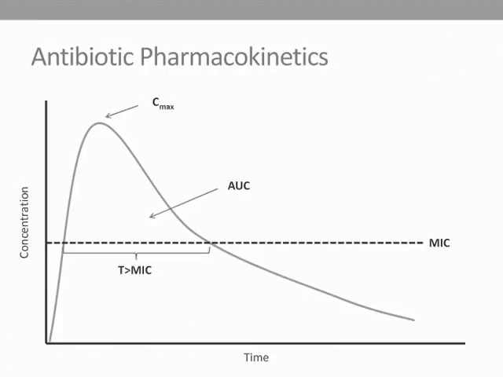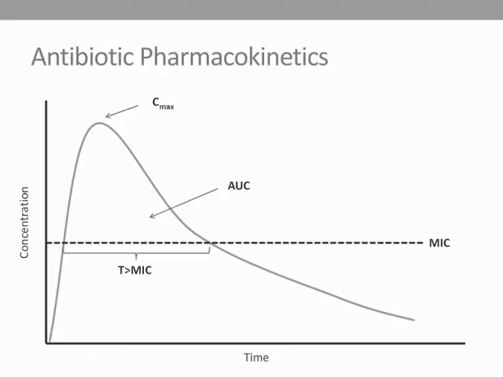Like I said before, different antibiotics have different pharmacodynamic profiles. Some are time-dependent, meaning that they have optimal antibacterial activity when the concentration of the drug is above the MIC for a longer period of time. In this case, it doesn't really matter how high above the MIC the concentration gets.